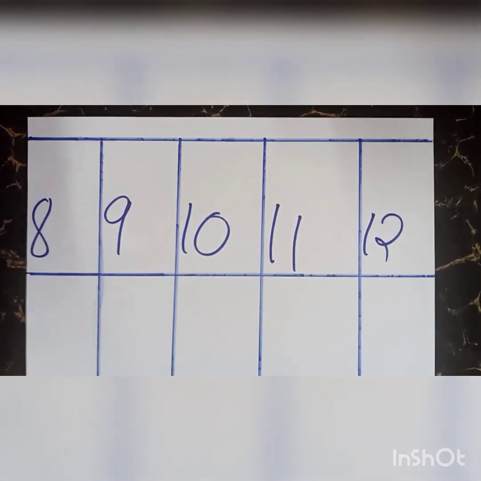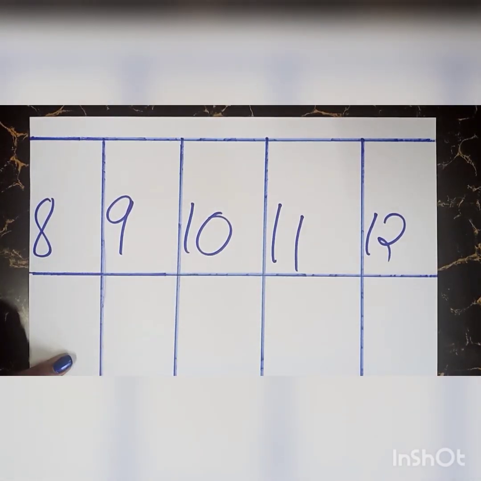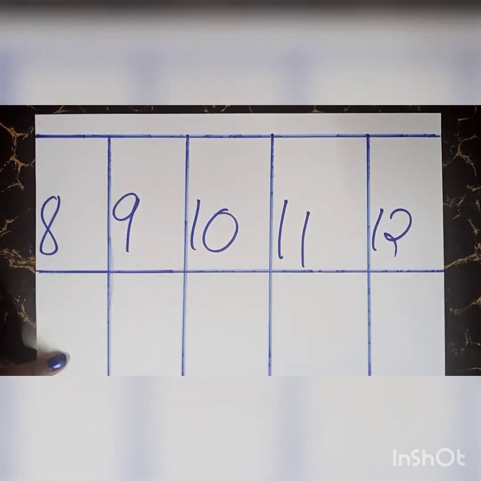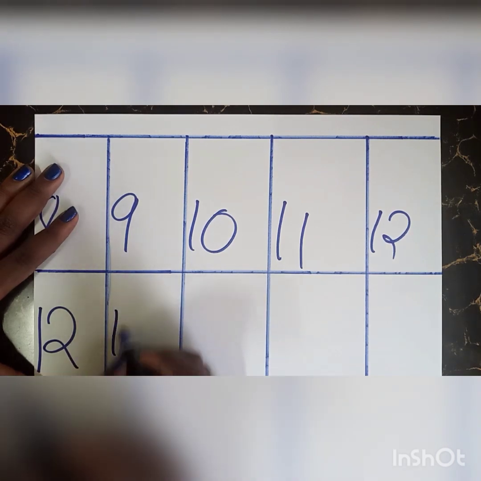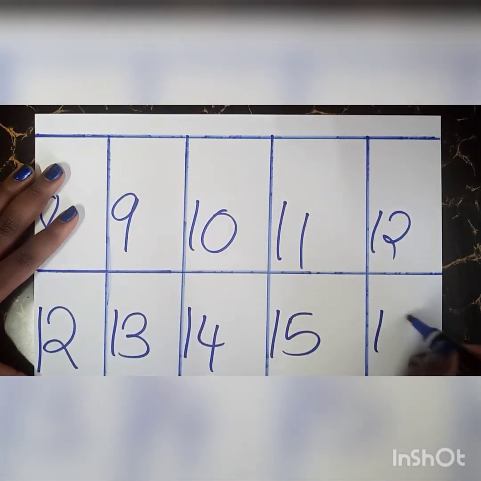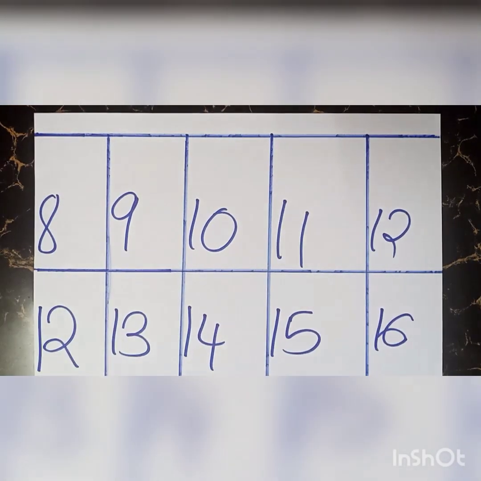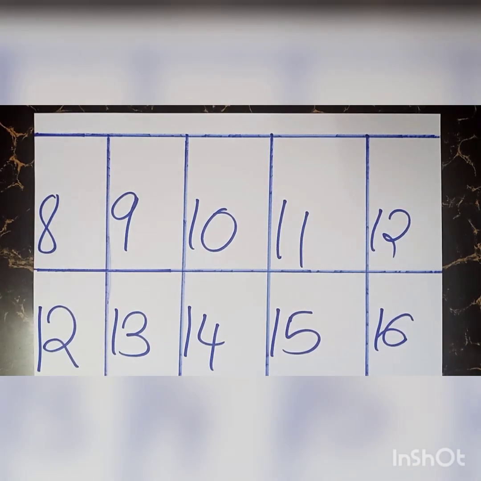For this last row, we'll continue counting from 12 and not 13, so we'll have 12, 13, 14, 15, and 16. And that is it for the digits in the tens place.